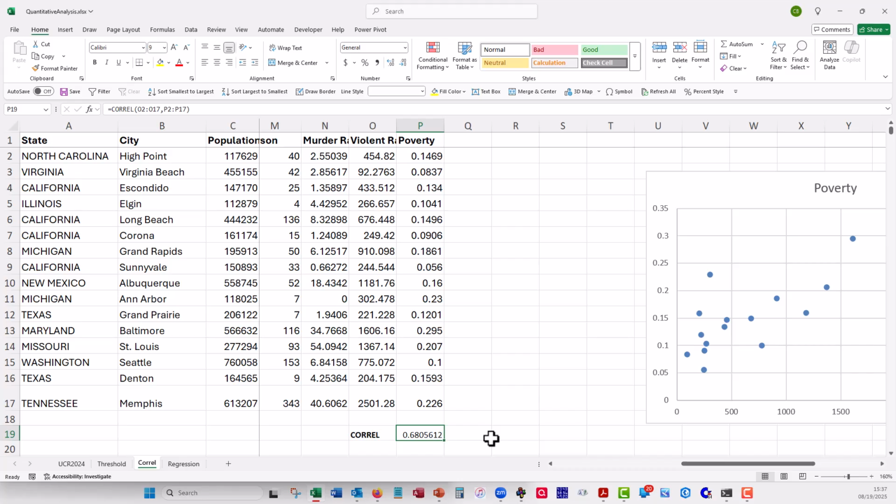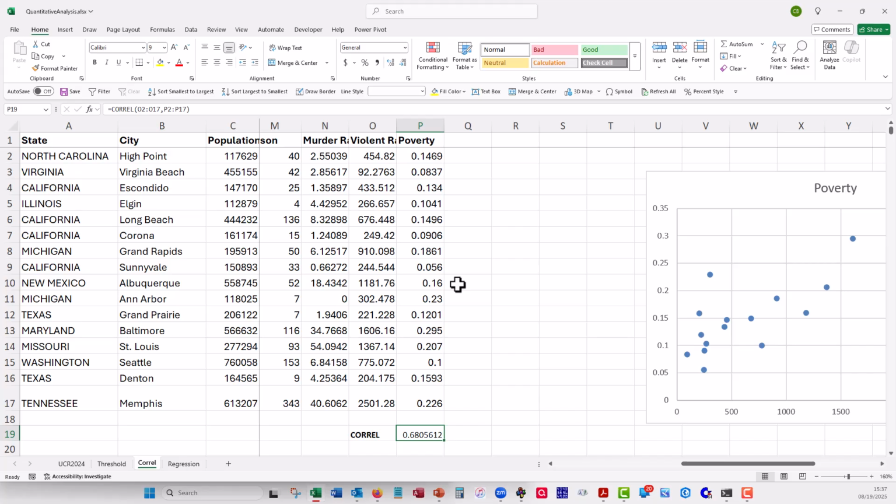Now, correlation works on a scale of -1 to +1. If we got a perfect +1, that would mean that not only are they correlated, they are so correlated that you can perfectly predict one based on the other. If you know a city's poverty rate, you can tell its violent crime rate down to the exact figure.